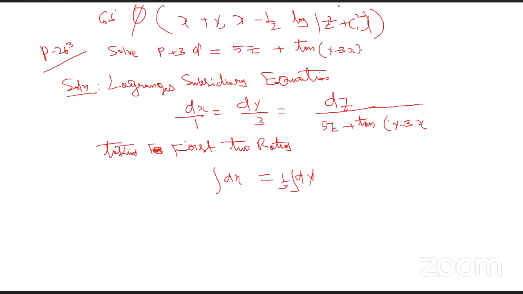That gives x equals 1 by 3 y plus c1, which becomes y minus 3x equals c1, equation number 1.